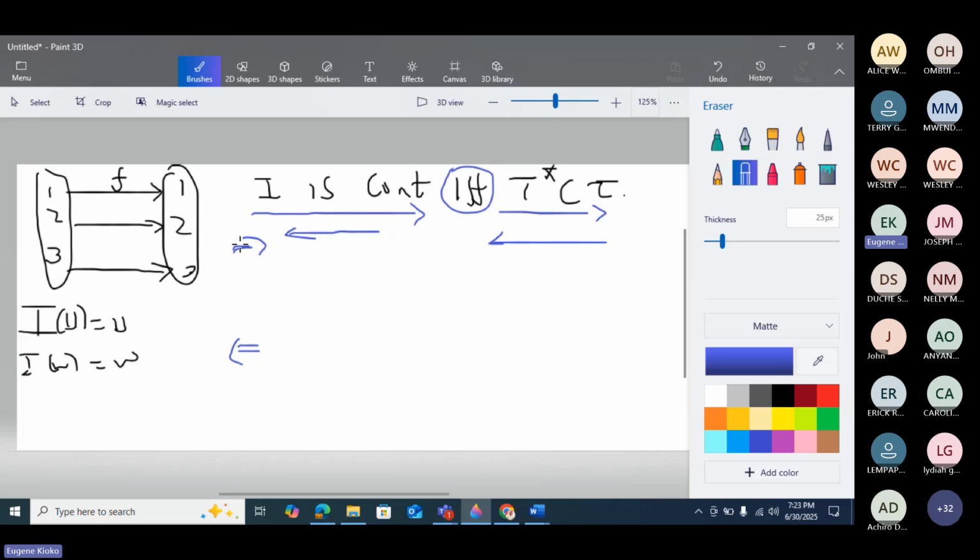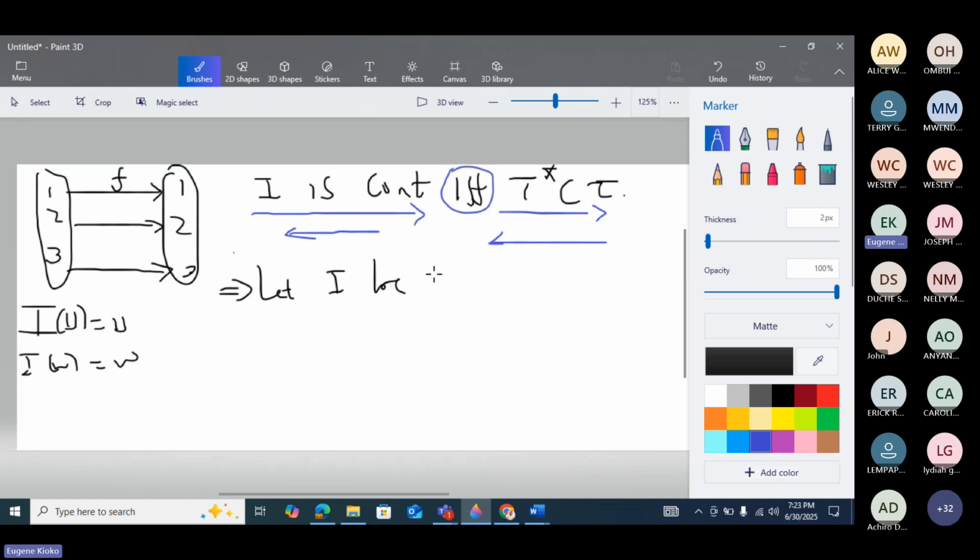So I want us to begin with the forward direction. Forward direction means you say let I be continuous. Then we show that tau star is in tau. Then if I is continuous, we know it is an identity function.